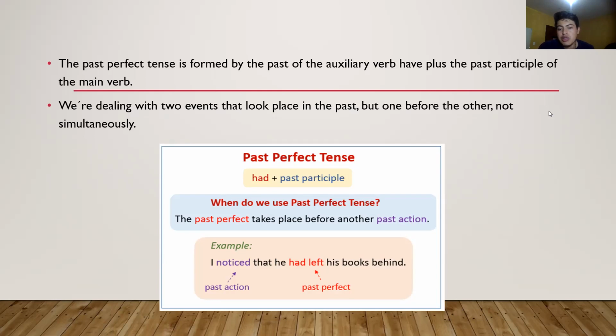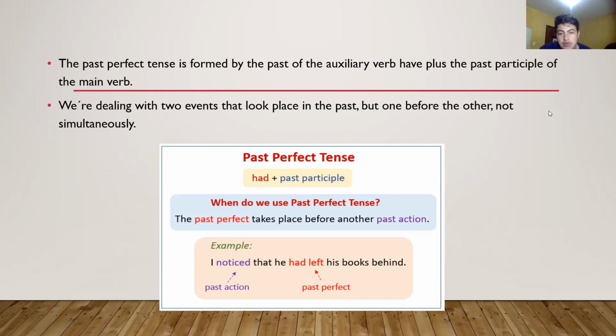But when do we use the past perfect tense? The past perfect takes place before another past action. For example, we have here, I noticed that he had left his book behind. I noticed is the past action, and he had left is the past perfect.